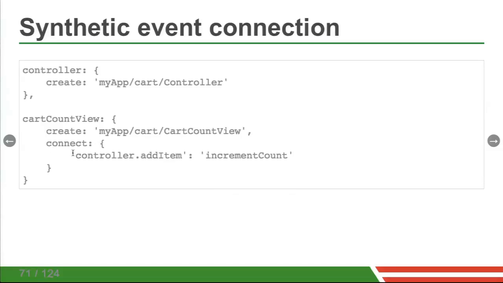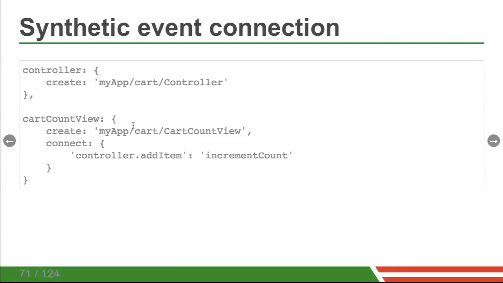And it's basically simplified AOP. We're saying when controller.addItem is called, call my increment count method. And that's all it takes. So now whenever add item is called, increment count will get called.